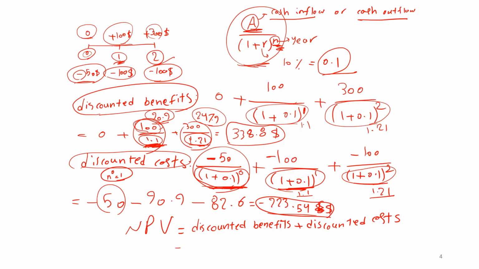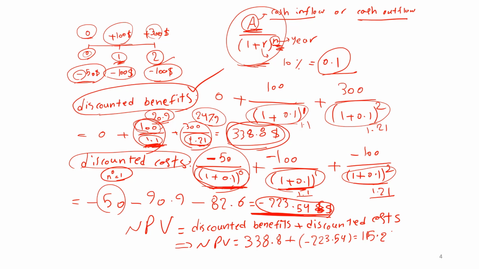So NPV is equal to discounted benefits we calculated here, so it's 338.8 plus discounted cost, which is here, look here, negative 223.54, which is equal to, if you add them to each other, 115.26 dollars. So this is NPV and is positive. NPV should be positive, so we will explain this more in the next slide.